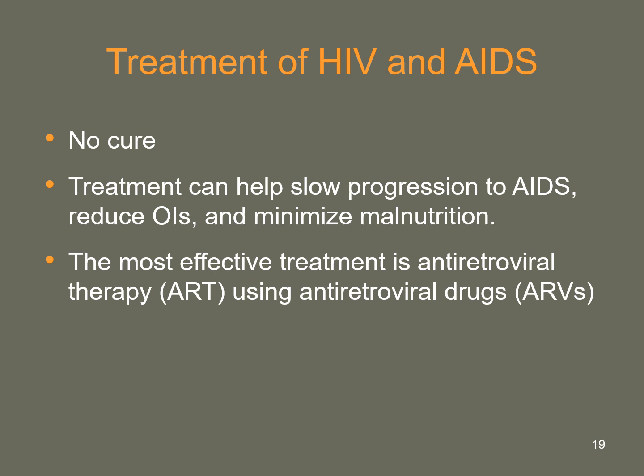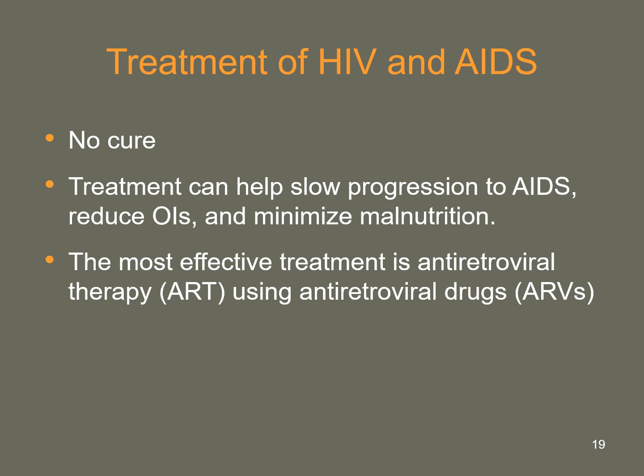Treatment can help slow progression to AIDS. So treatment only helps the progress of AIDS to be very slow. It reduces opportunistic infections. OIs means opportunistic infections. In a lot of notes, we are going to be using abbreviations. You need to know these abbreviations.